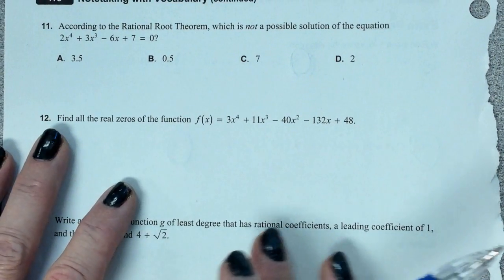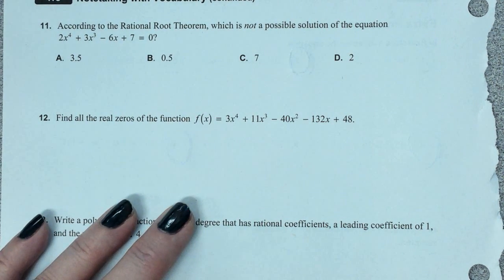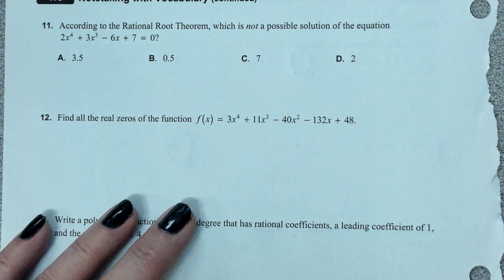So flip over to page 100 and answer number 11. According to the rational root theorem, which is not a possible solution of the equation shown? Take a couple minutes, figure it out. Which one would not be a possible solution?